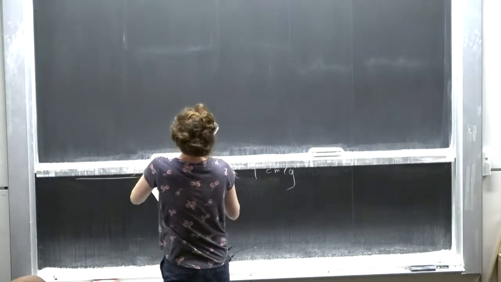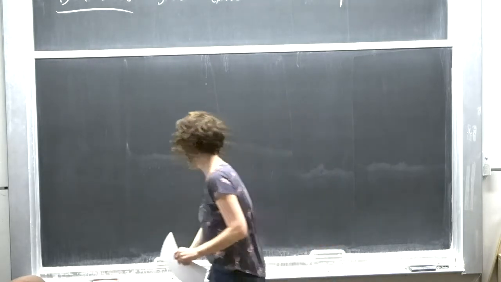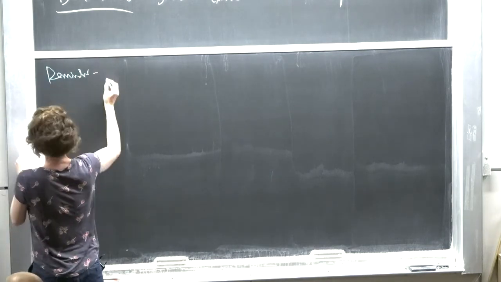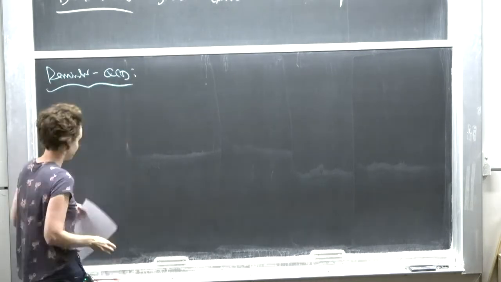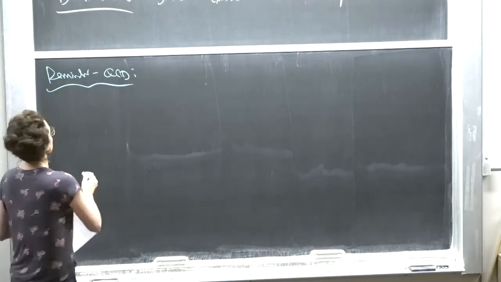Ignore what you may or may not be seeing appearing down there. Okay, great. So let's do a little reminder of what happens in QCD. I'm caring about a particular part of QCD.